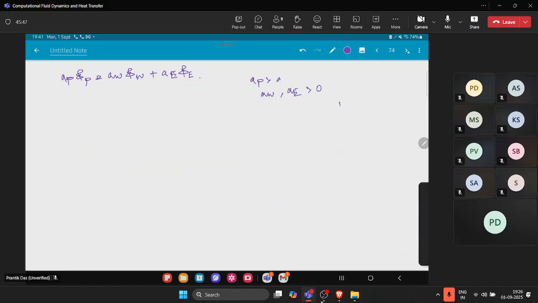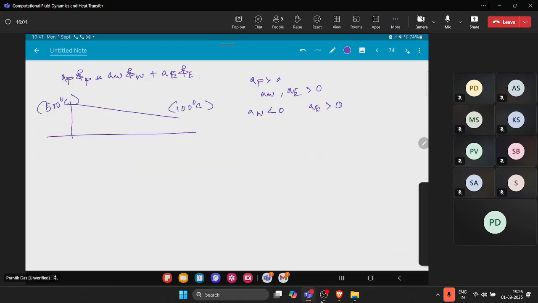Okay, so if AP is positive, and let us assume that AW is negative and AE is positive. Okay, and I basically have a problem like the diffusion problem. At one end it is 500 degrees centigrade, at the other end it is 100 degrees centigrade.